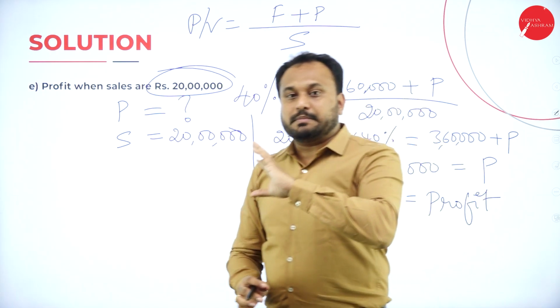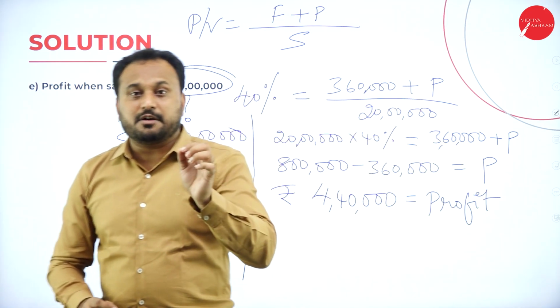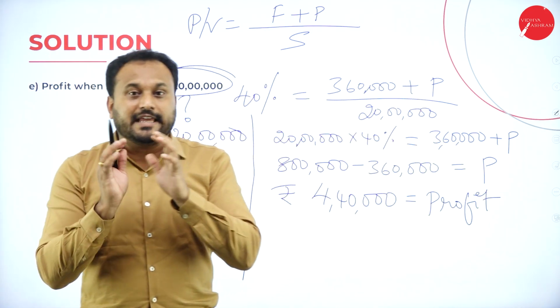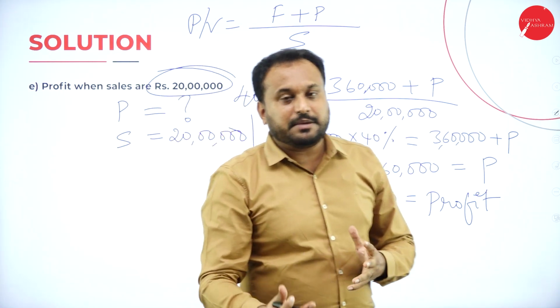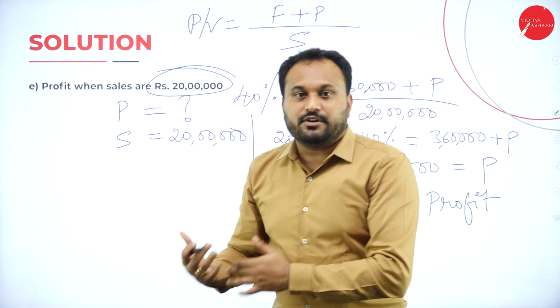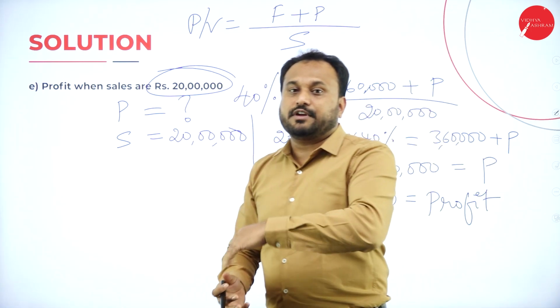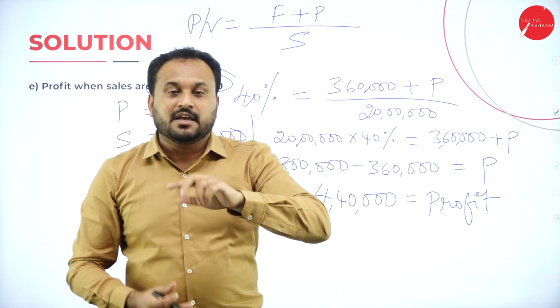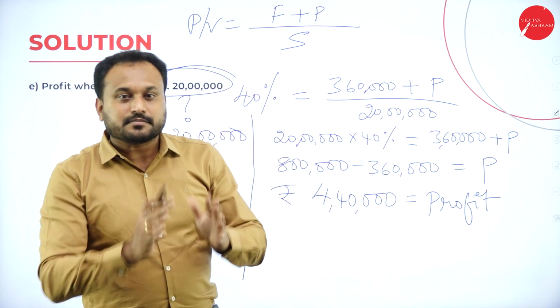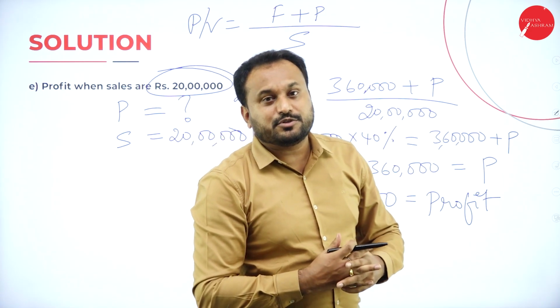Now A, we went with the marginal cost statement where we got profit of 2,80,000. Then we got PV, which is 40%. Then we went with MOS. MOS is profit by PV. Then we went with BEP. There are two: one is units, another is sales. BEP units formula is fixed cost divided by contribution per unit.